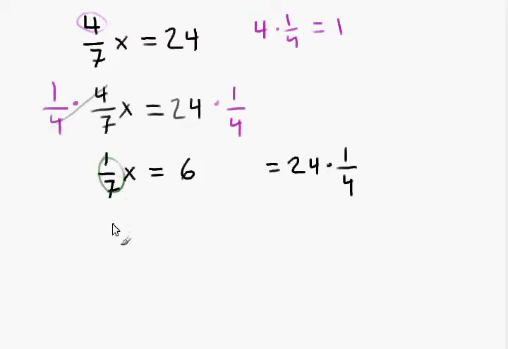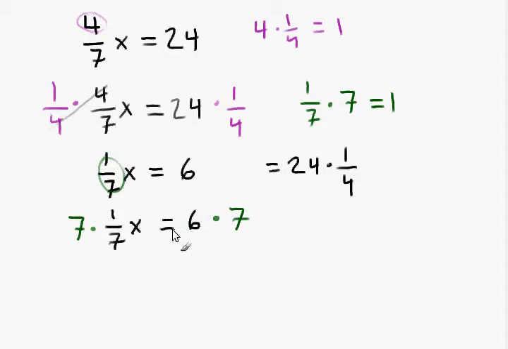Now, 1/7 times 7, that's equal to 1. So I'm going to take this side, multiply it by 7. Take the right-hand side, multiply it by 7 as well. Golden rule. We must do this to both sides. And like I've been doing, we're going to write the rest of the equation in around it. These cancel.